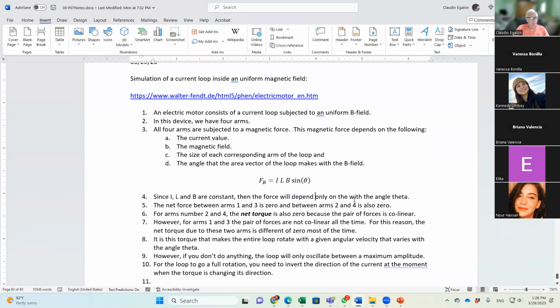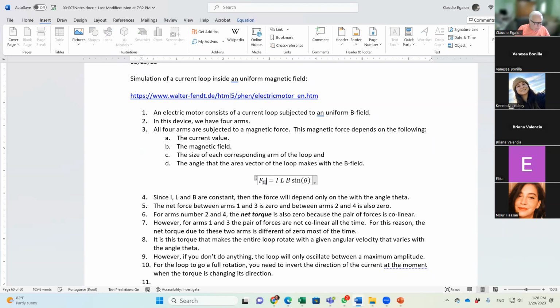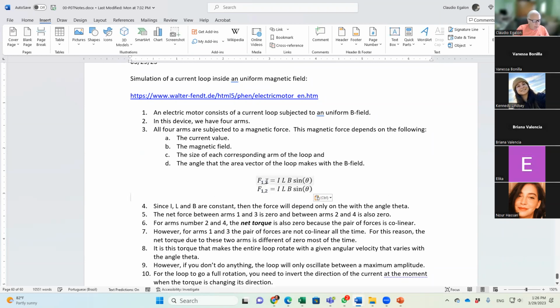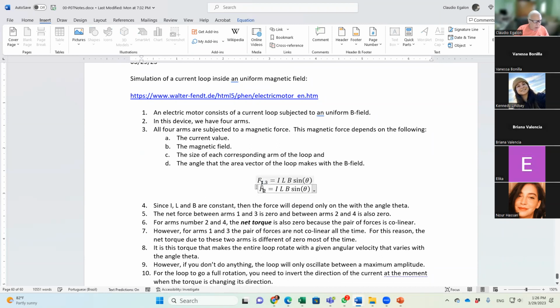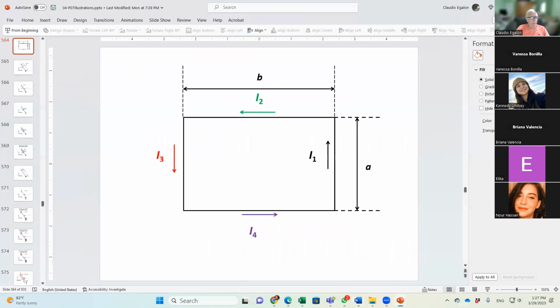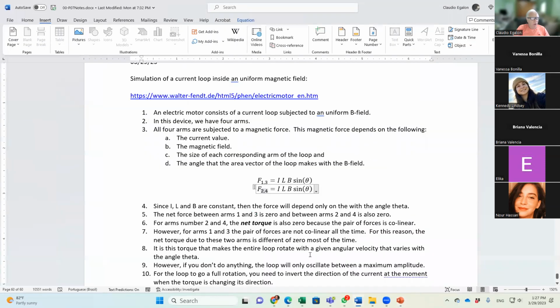The net force, not each separate force, right? If I want to write down the magnetic force for arms 1 and 3, and for arms 2 and 4, one is going to be A and the other is going to be B. Arms 2 and 4 is B, and 1 and 3 is A.